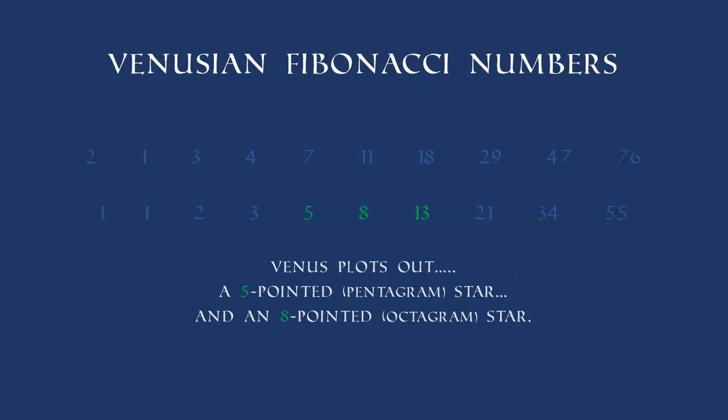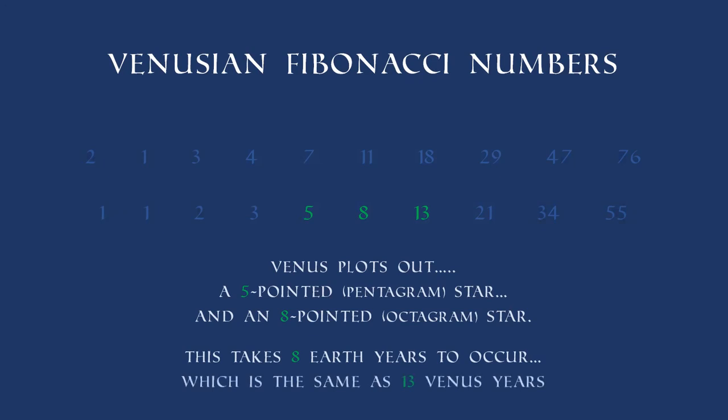The amount of time it takes for this to happen is 8 Earth years. Now, 8 Earth years are virtually identical to 13 Venus years. So this is how you have this 5, 8, 13 relationship that becomes apparent once you look at this relationship of Earth and Venus.